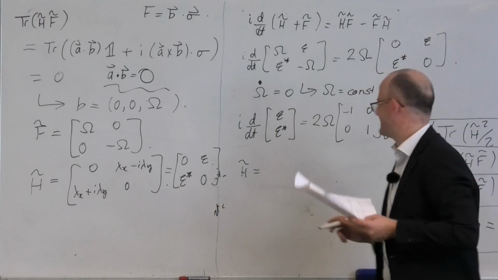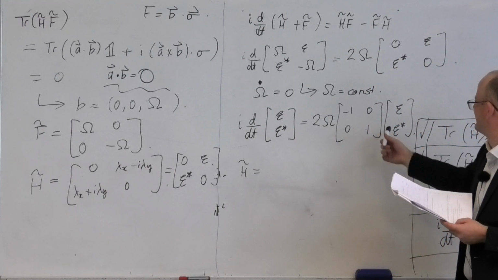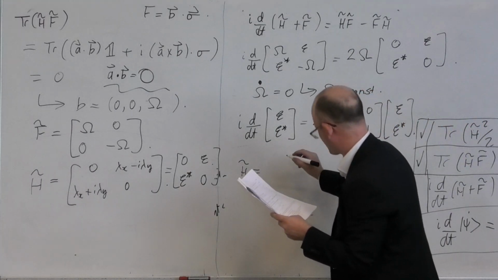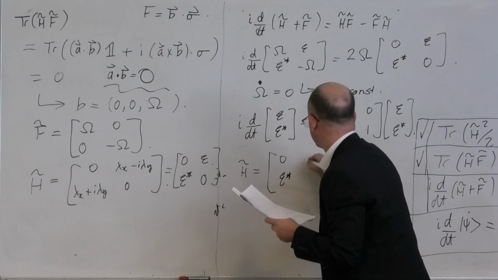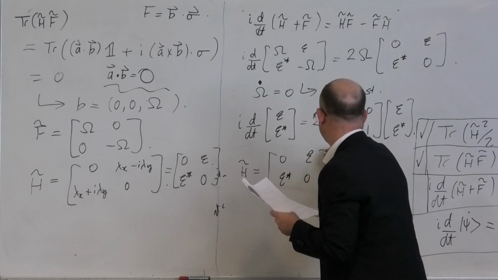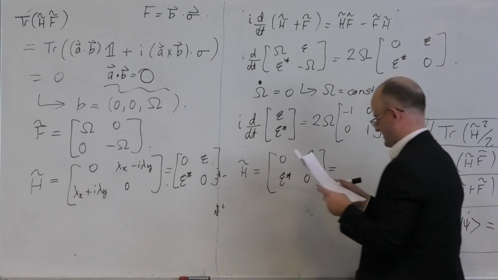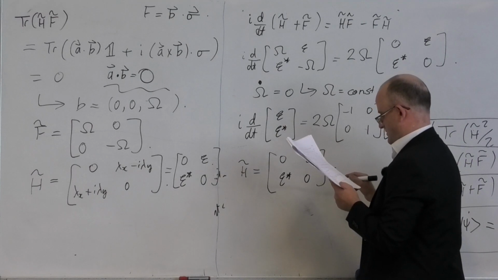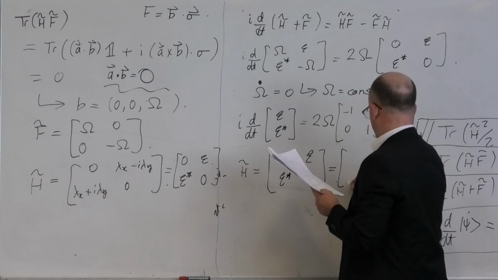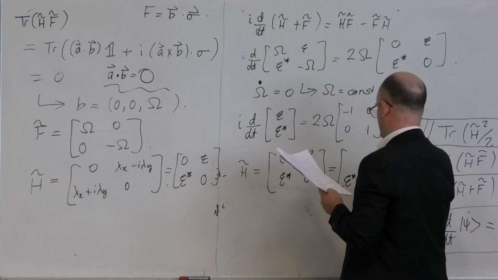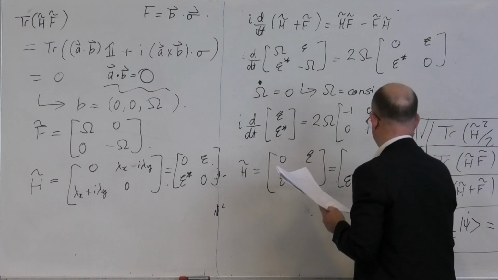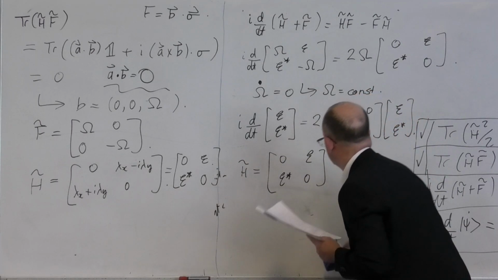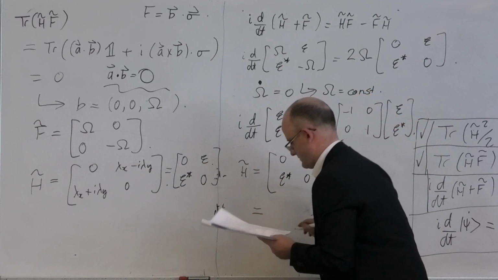Sorry, I'll just write it down: 0, epsilon, conjugate epsilon, 0. And what we will get is that it's got a complex exponential, 0.